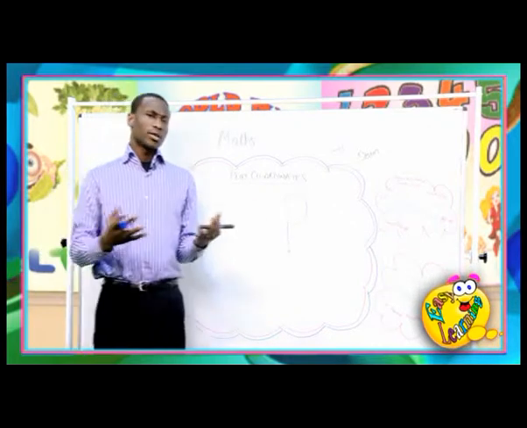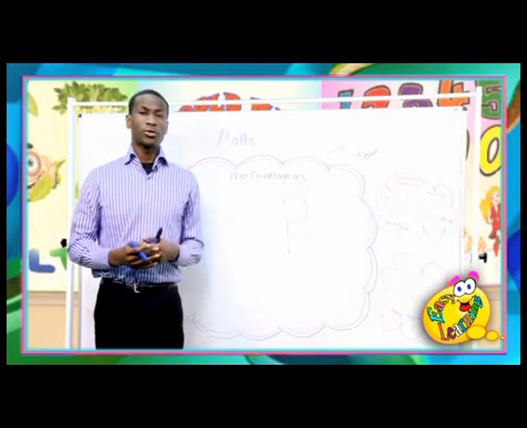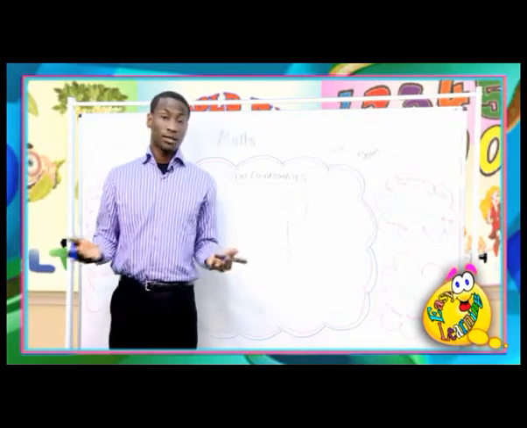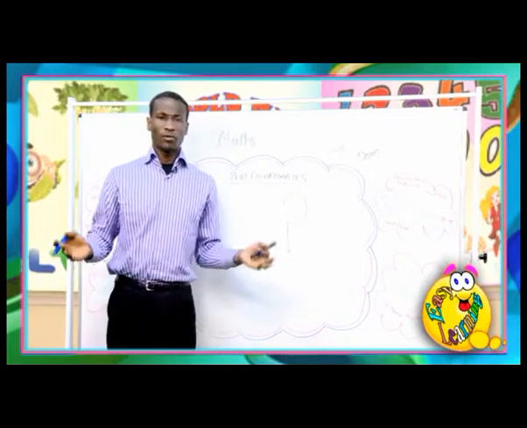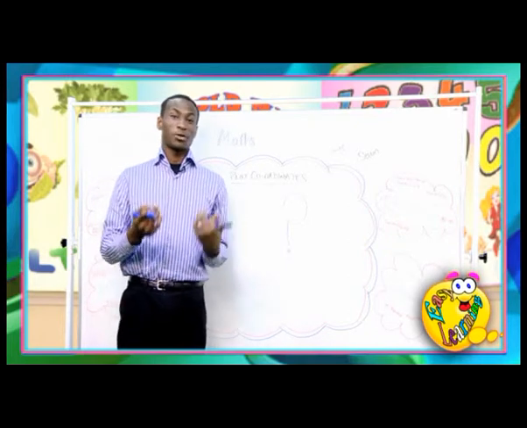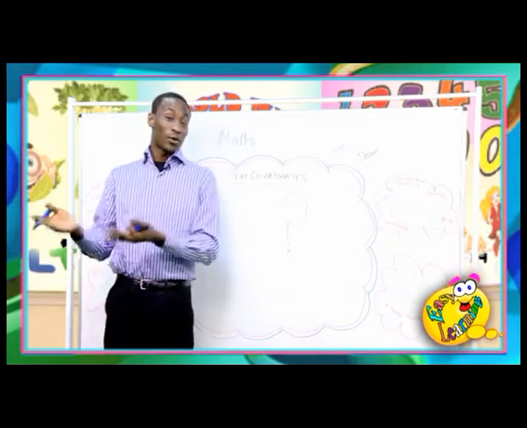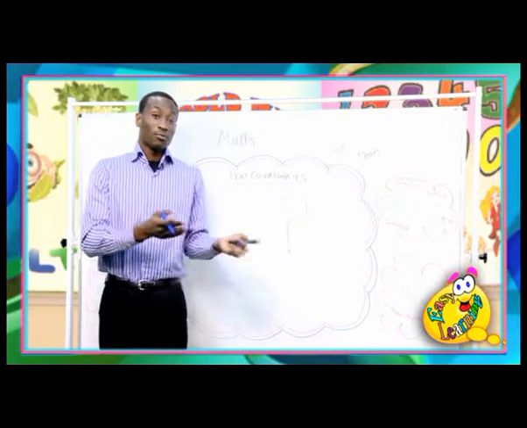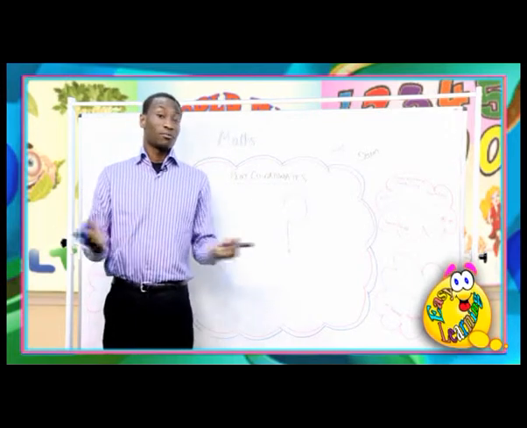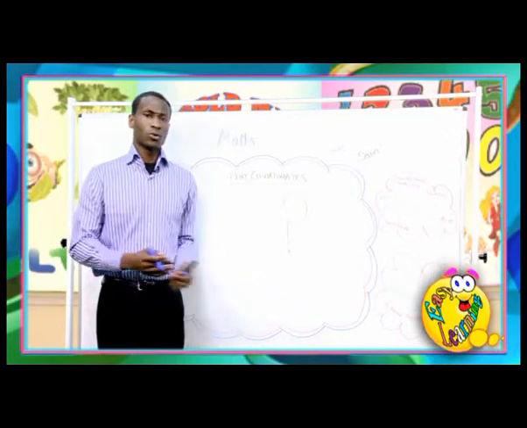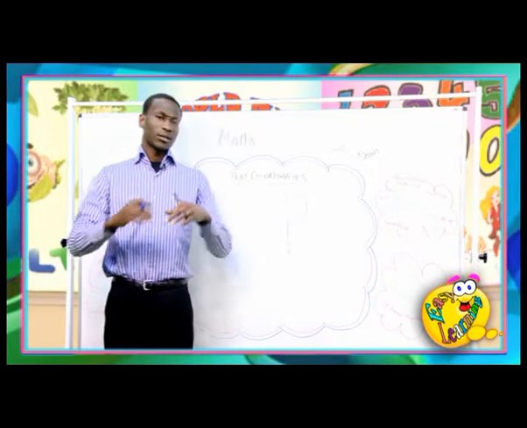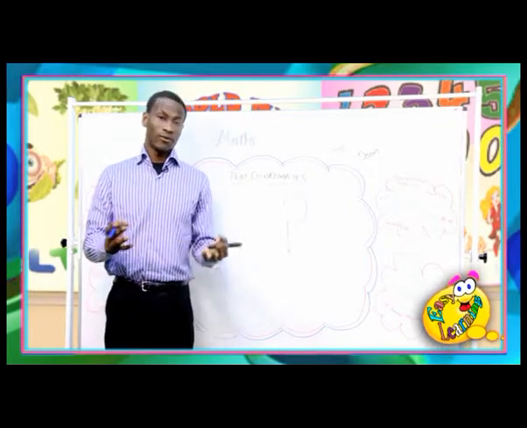Now, to understand coordinates, the first thing you need to realize is human beings are different. You listening to me right now, you're very different from your friends, from your brothers or sisters, from your cousins or those in school. God made each and every one of us different.